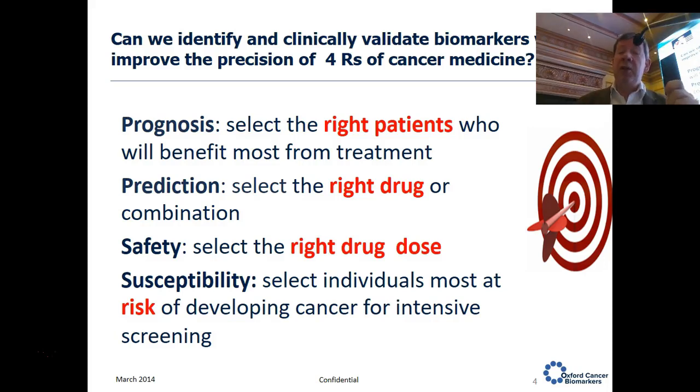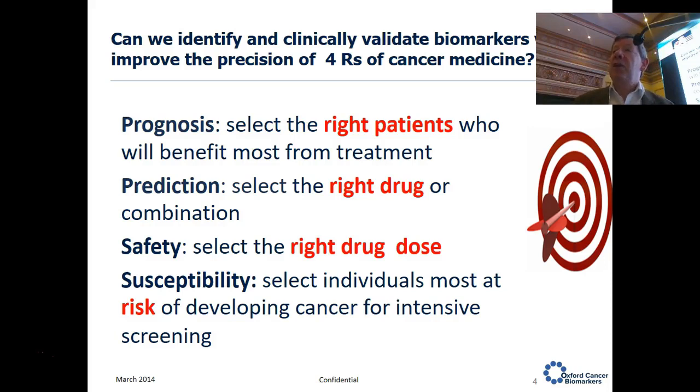So the right patients, looking for companion diagnostics, Dr. Bamfley's beautiful talk, the right drug for the right tumor type. I think safety is important, and drug dose. We need to be better at predicting which patients are going to have life-threatening toxicity so we can use modern genetics to better deliver the right dose.